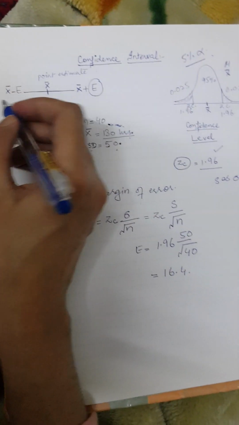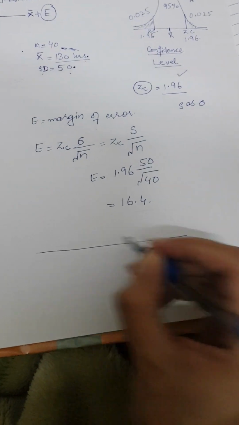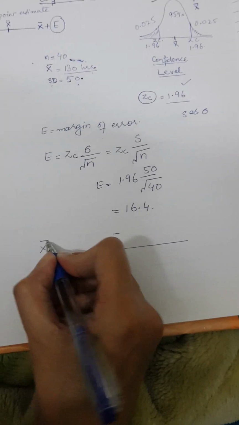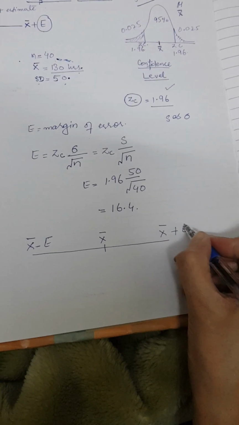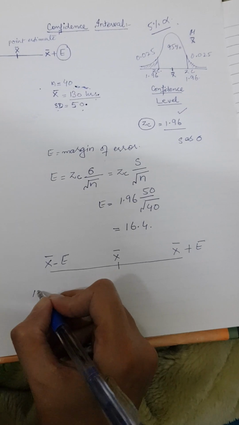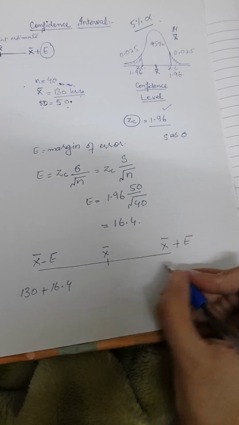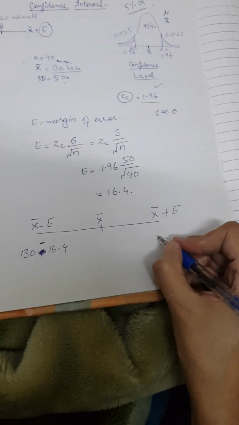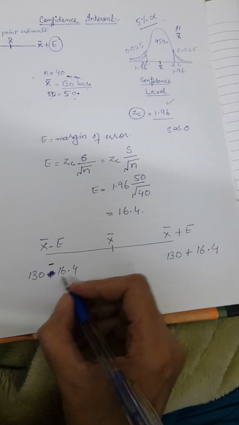So here we will have x bar minus margin of error. We have already calculated it. Let's draw it here. Here we have the x bar. On the left side we have x bar minus E, and on the right side we have x bar plus E. On the left side we have 130 minus 16.4, and here we have 130 plus 16.4.